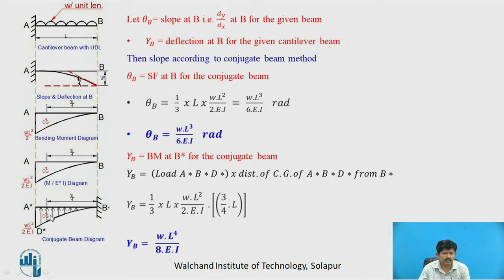So bending moment will be equal to this load into CG of this from B. So YB is equal to load A star, B star, D star into the distance of CG of this A star, B star, D star from B. So this load will be 1/3 base into height, 1/3 base is L into height is WL square upon 2 EI, and the CG will be 3/4 of L from end B. So solving this we will get YB is equal to WL raised to 4 divided by 8 EI.